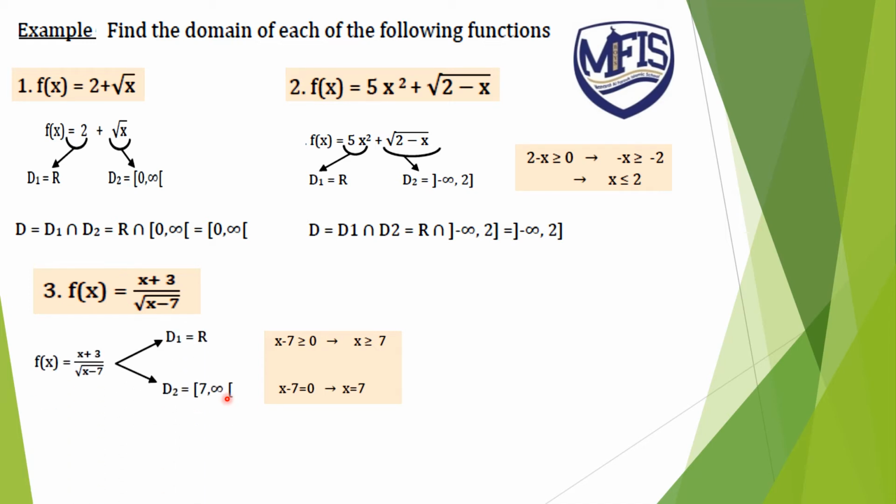So the domain of the function up is R and the domain of the function down is 7 to infinity. The domain of the intersection of them is R intersection 7 to infinity, except this 7 which makes it 0. So the domain of this function is 7 open to infinity.